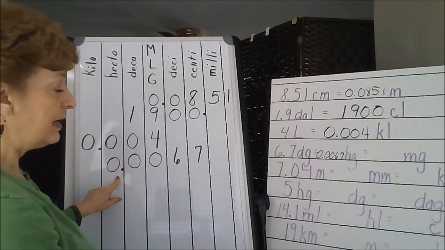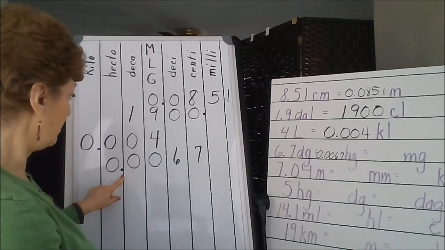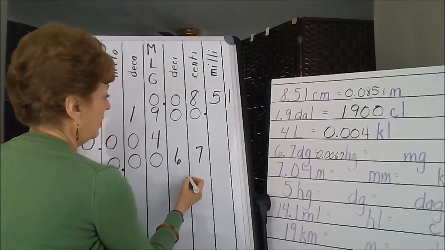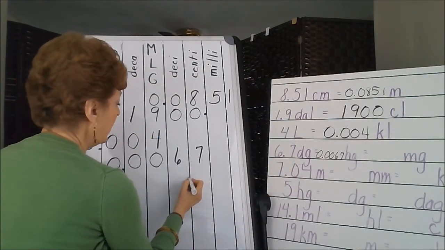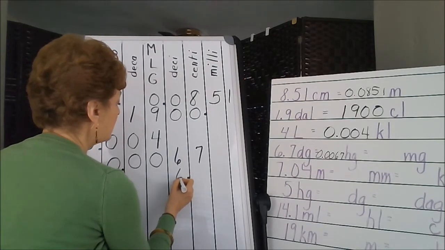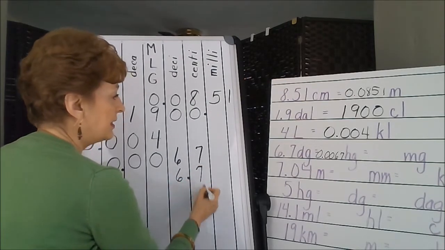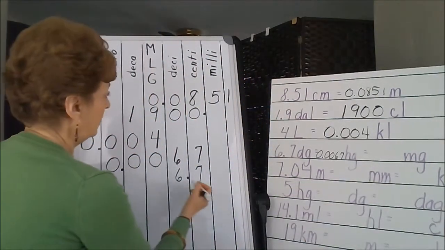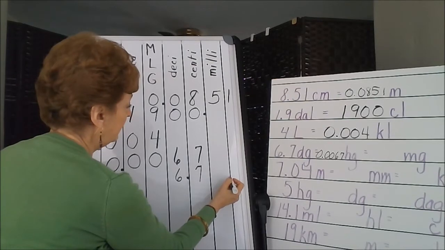What if we were taking this problem, the 6.7 decigrams? Again, I placed it here in the deci column. Here's our 6 and our 7. This time we're going to the milligrams. Milli is here.